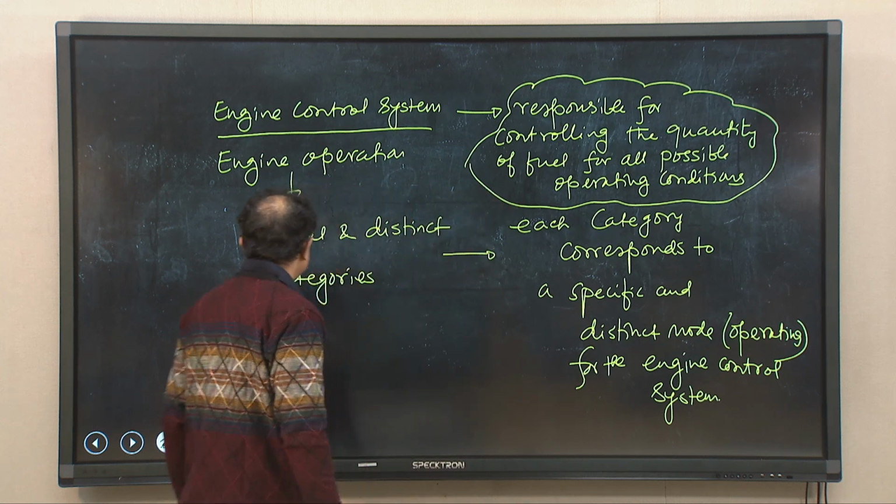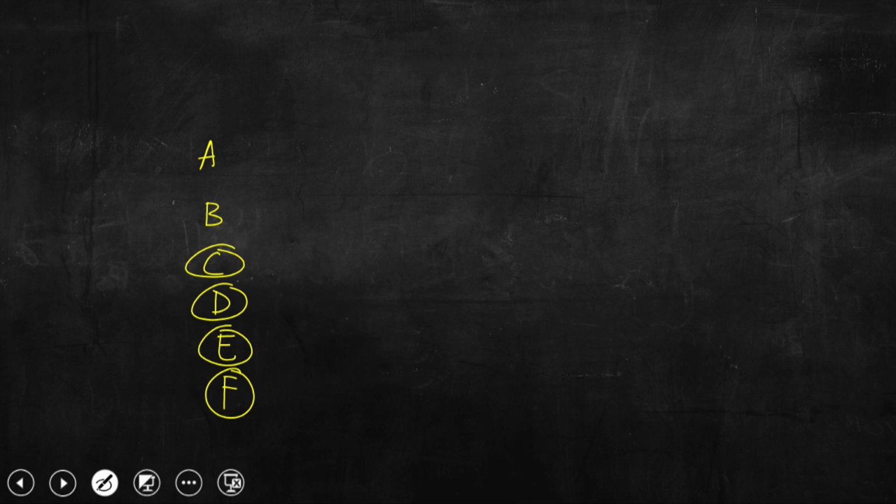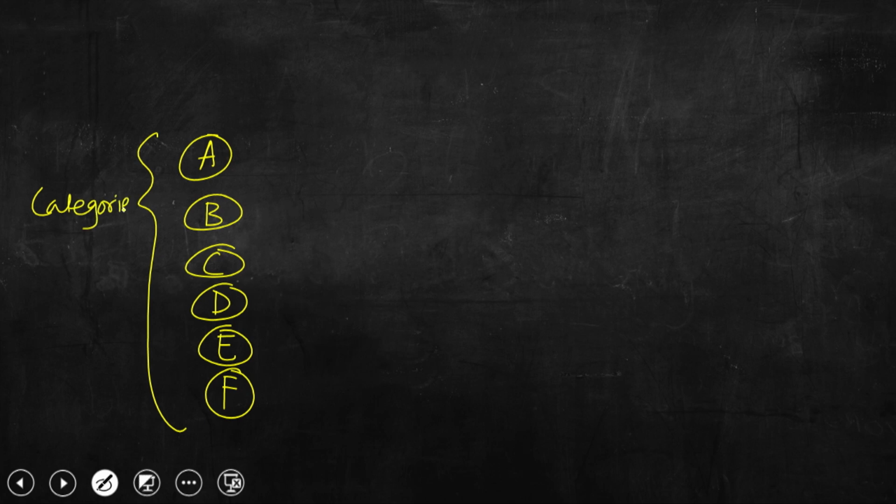So, if we try to write in the next slide, we have engine modes, say for example, A, B, C, D, E, F like this. All these are distinctive categories, so these are several categories of engine operation.